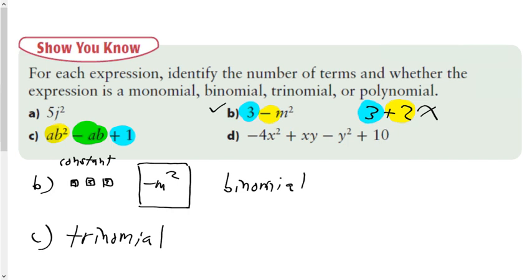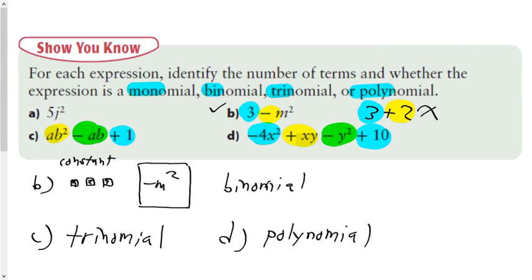And then D, the last one, we have one term here, another term here, another here, and another here. So there are 4 terms, and you can call it a quadnomial if you wanted to. But because we only go with monomial, binomial, trinomial, and polynomial, because it has more than 3, we're just going to call it a polynomial.